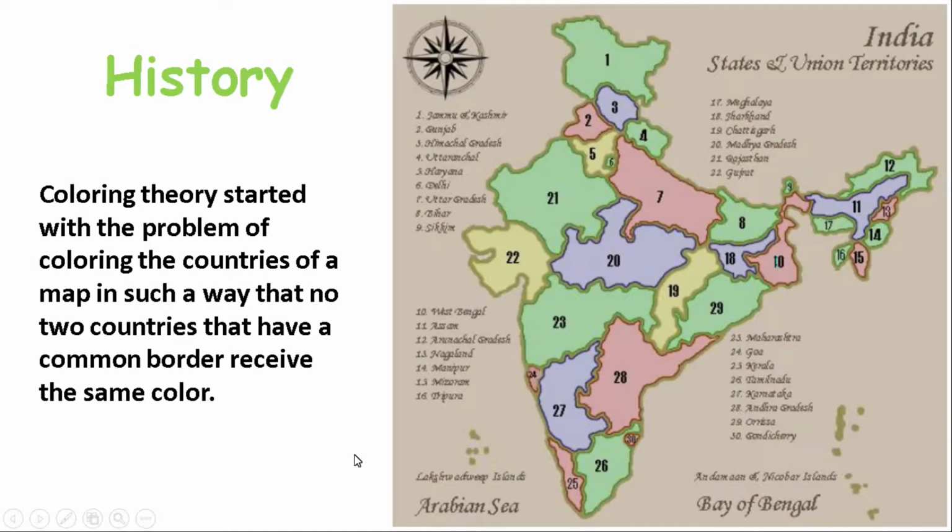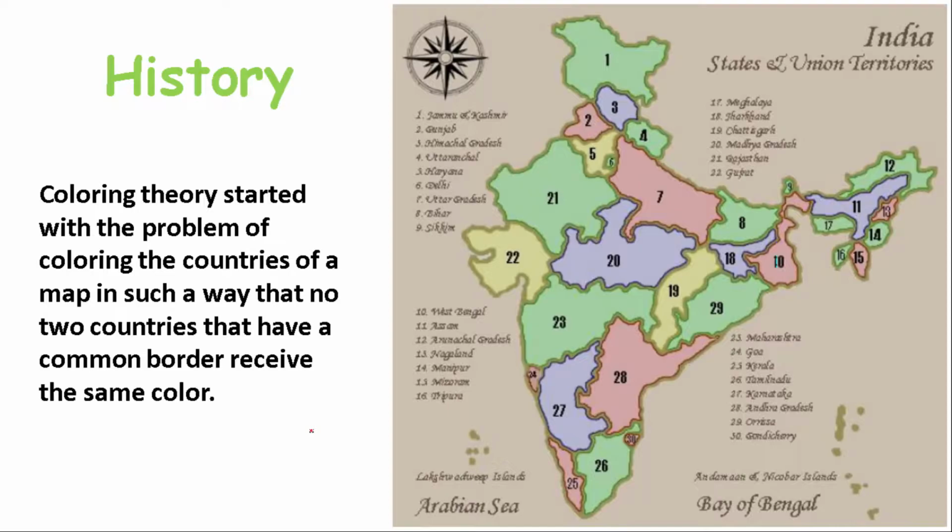Moving on to the history, from where did this problem of graph coloring come? Why do we need to color graphs? This came from the problem of how we should color various countries or states of a map such that no two adjacent parts have the same color.